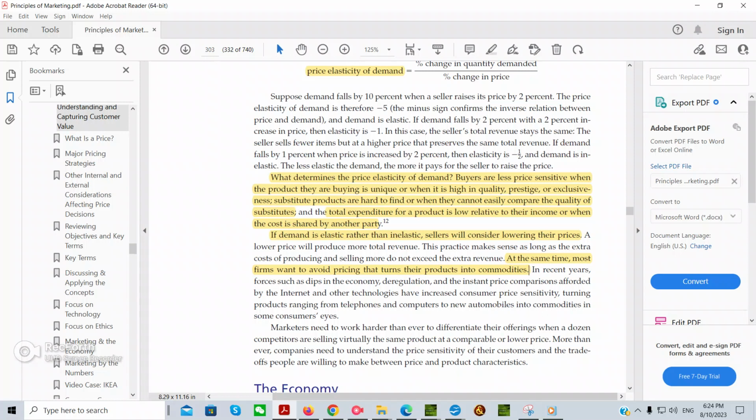In recent years, forces such as dips in the economy, deregulation, and instant price comparisons afforded by the internet and other technologies have increased consumer price sensitivity, turning products ranging from telephones and computers to new automobiles into commodities. In the consumer's eyes, that means these are things of value.